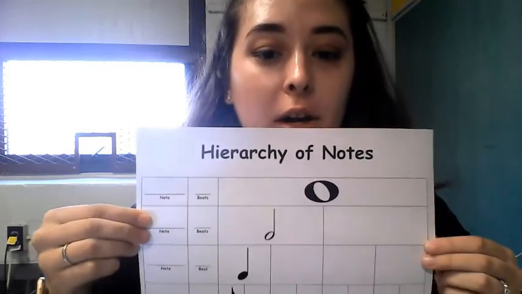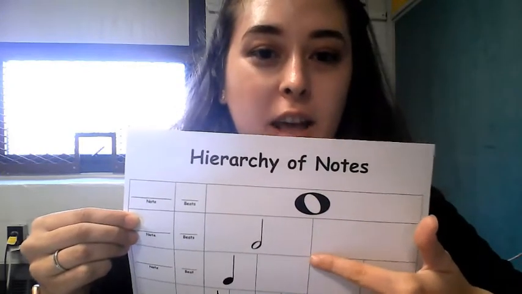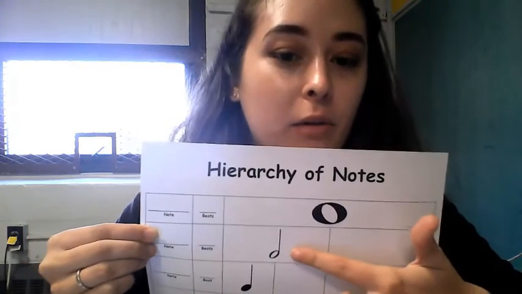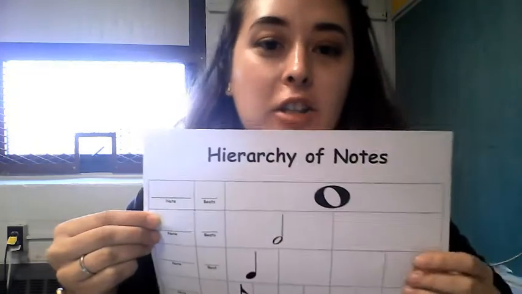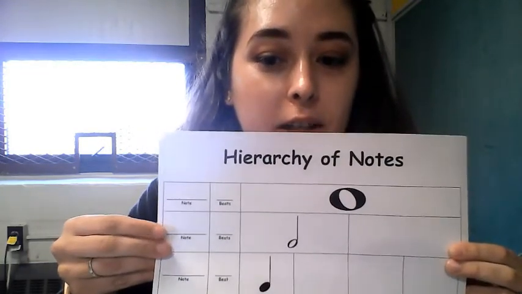Now, notice how our next note right here is like the whole note, but the space is split in half. Our pizza is split in half. And because of that, we call this our half note. H-A-L-F, our half note. Go ahead and put half note right over here on this line.